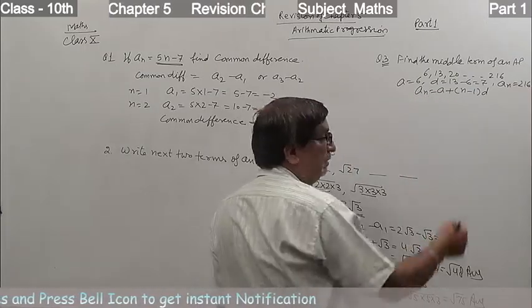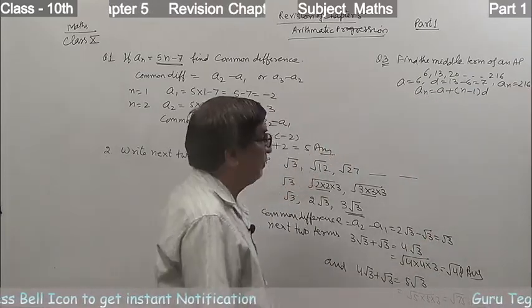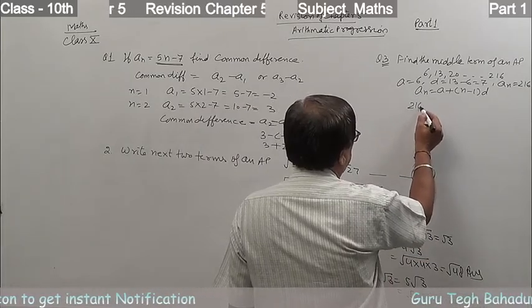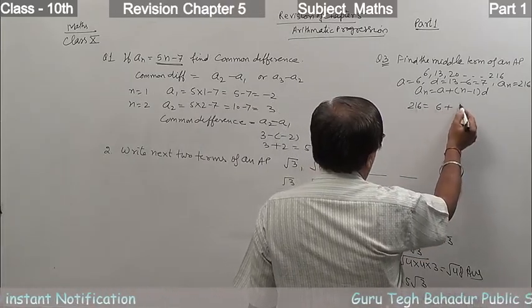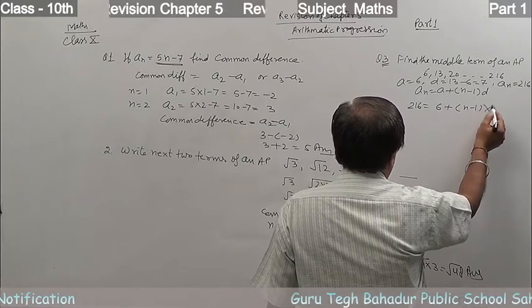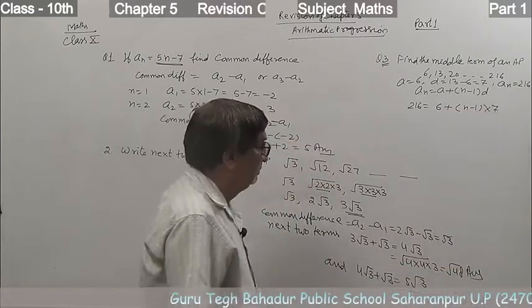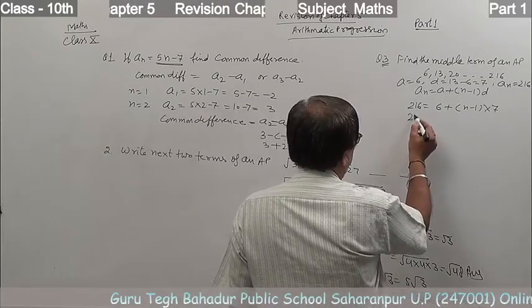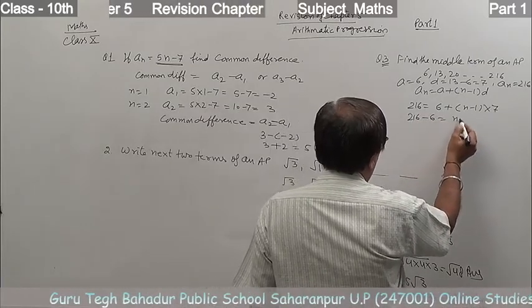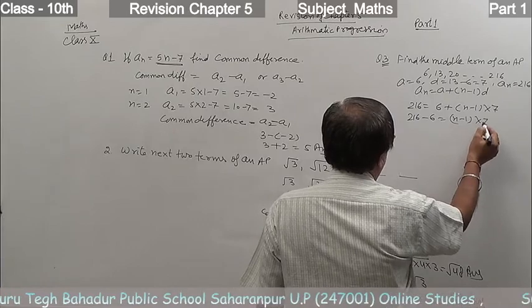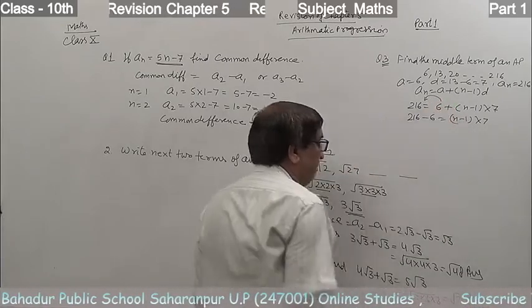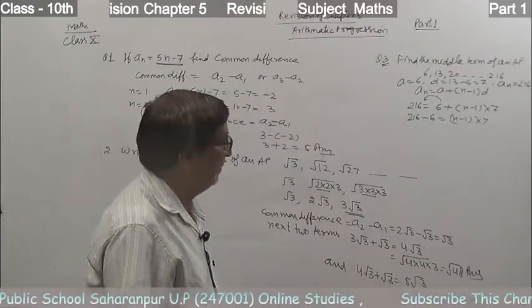Now putting the values in it: 216 equals 6 plus (n minus 1) into 7. 216 minus 6 is equal to (n minus 1) into 7; this 6 taken to this side becomes minus.